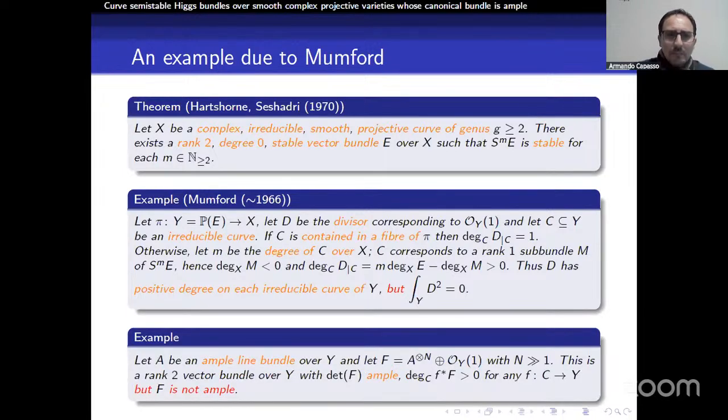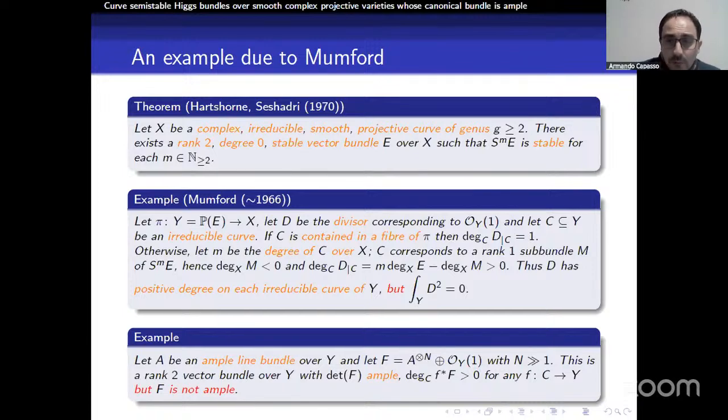I consider an ample line bundle A over Y. I consider the following rank 2 vector bundle, A twisted by a big N, summed with the tautological bundle of E. This is a rank 2 vector bundle on Y such that the determinant line bundle is ample. The pullback of F to any smooth irreducible projective curve is positive, but F is not ample because it has a non-ample quotient.